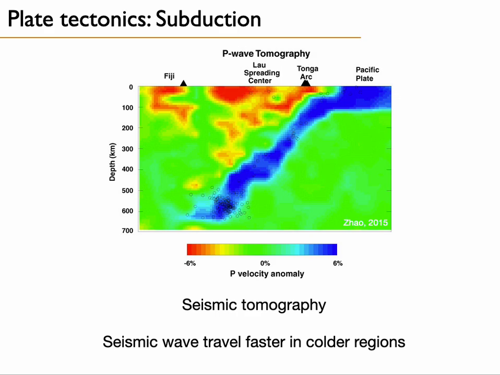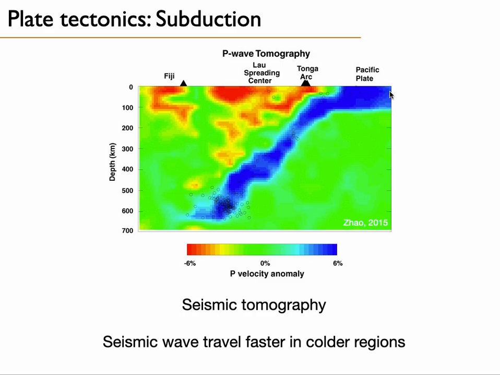It is known that seismic waves travel at different speeds if the mantle is hot or cold. In a subduction zone, a plate enters the mantle with a thermal structure which is colder than the ambient mantle.